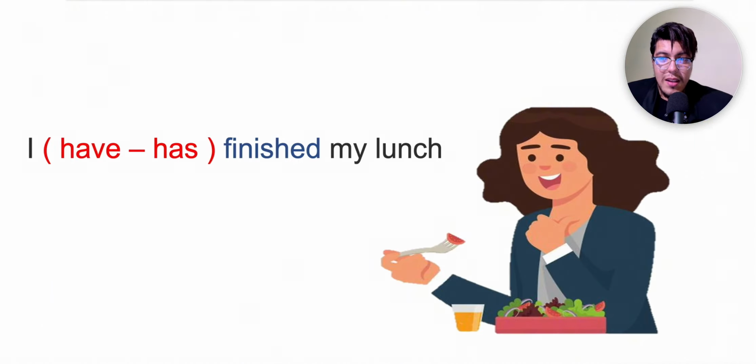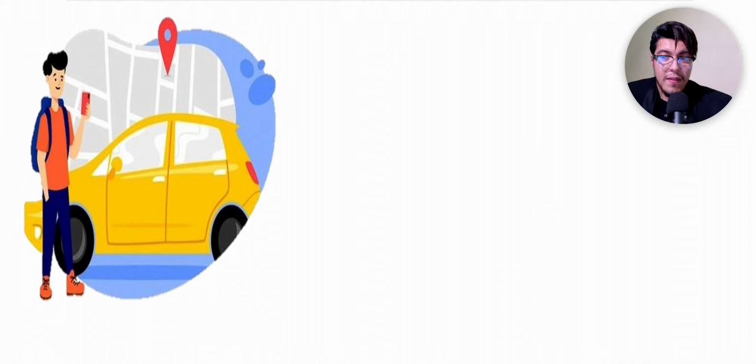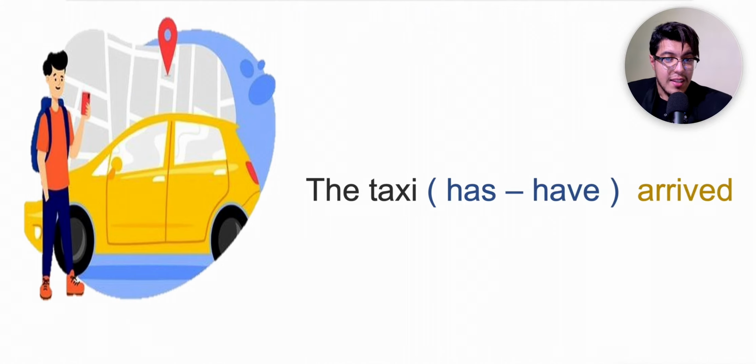Well, for this example, how would we say, I have finished my lunch or I has finished my lunch? Of course, it's I have finished my lunch because we have I at the beginning. The taxi arrived.